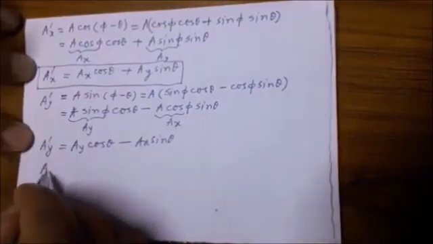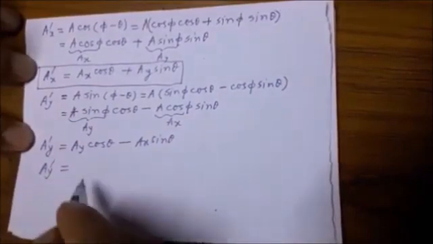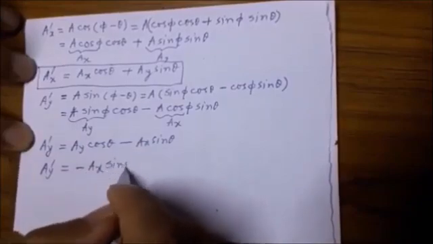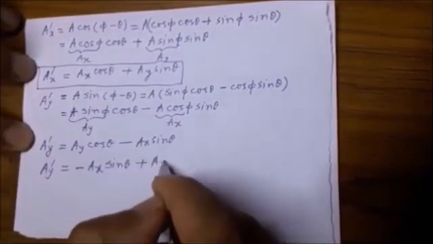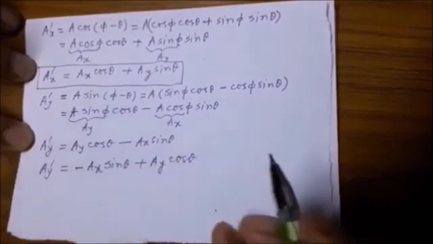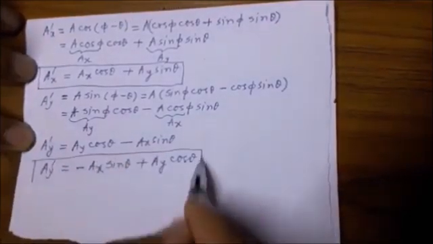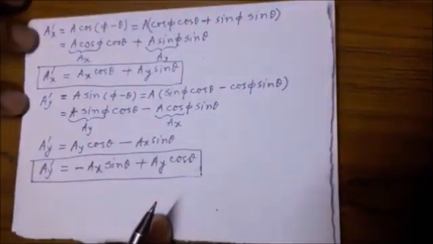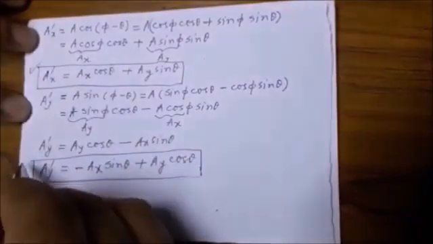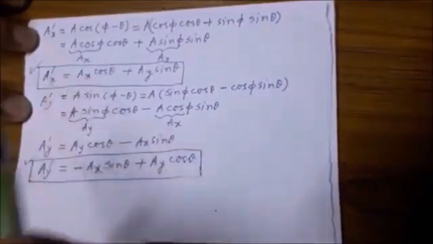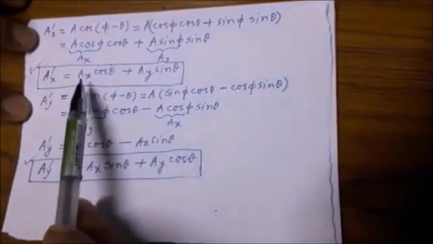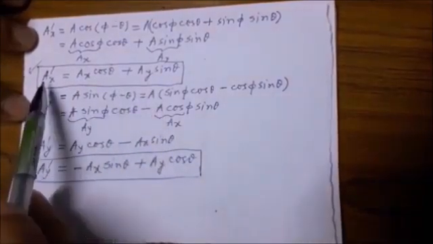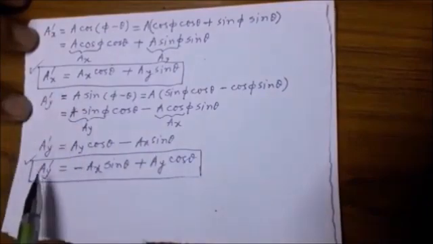Let us write it through a rearrangement. So we will write this term first, so we have arrived at the transformation relation. So these two are the transformation relations, and if we are given the values of ax and ay, then we can find the value of ax prime as well as ay prime.